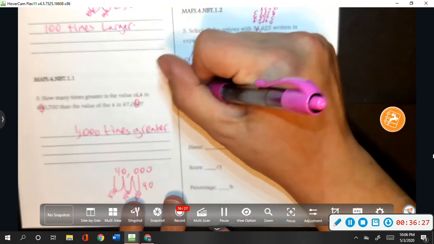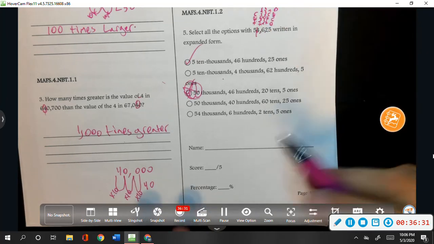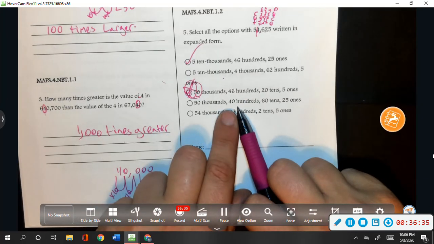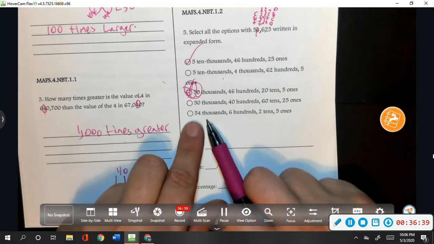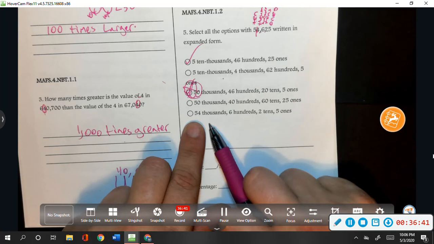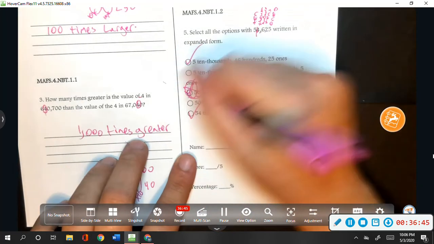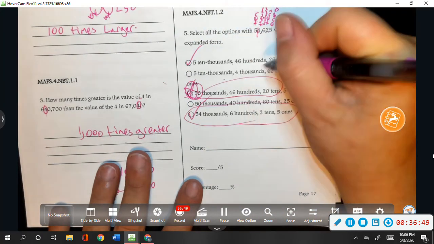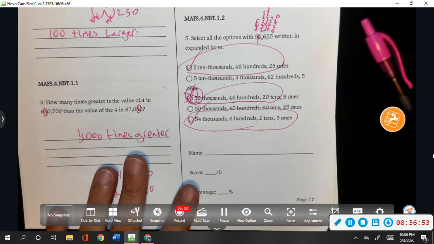No, we could say that, because that'd be 50,000s blocks. Then we have 50,000s, 40 hundreds. No, that's not going to work. 54,000s, okay. 600s, yep, okay. So we had 3 options here. This one, and this one.